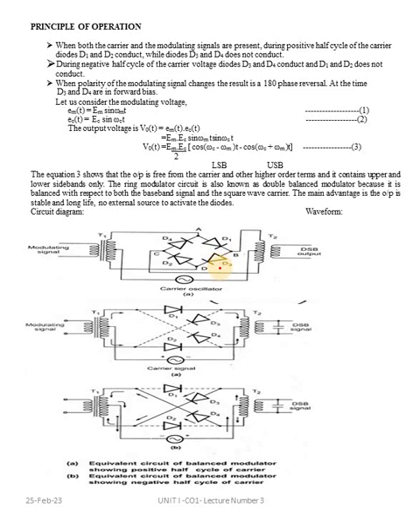Here D1 and D3 are both forward biased, and D2 and D4 are reverse biased when the modulating signal is applied between points A and B. Whereas this combination is reverse biased and the other is forward biased when the modulating signal is applied across the C and B terminals.